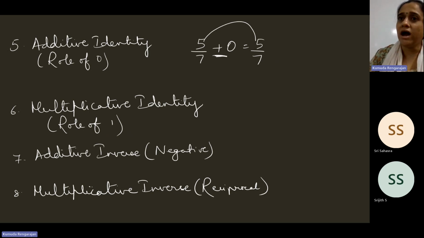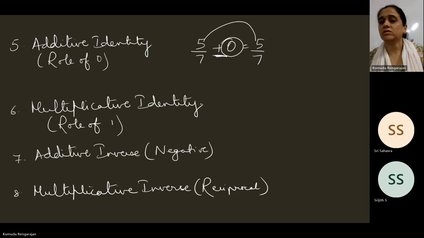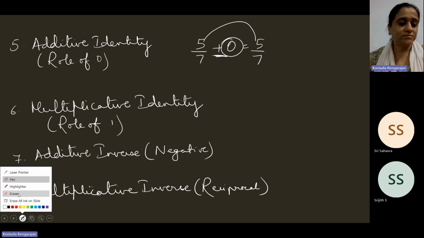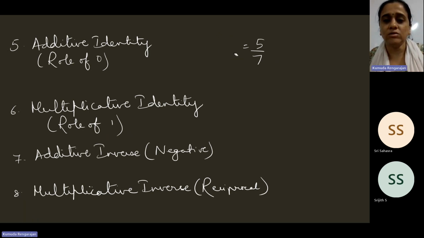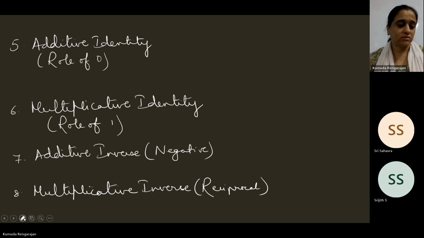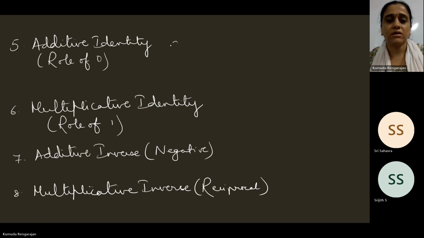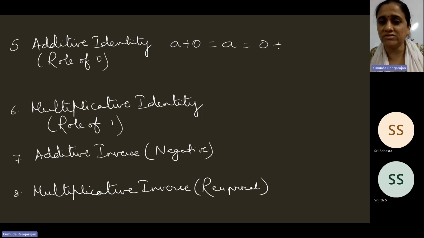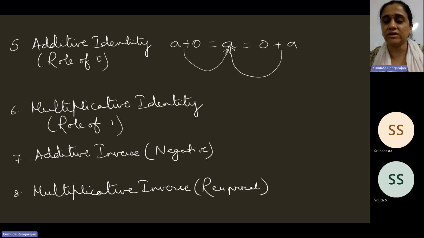Addition. So additive identity is 0. In general, we write a plus 0 is equal to a, which is also 0 plus a. For a plus 0, the answer is a. Look at the board: 0 plus a, also the answer is a.